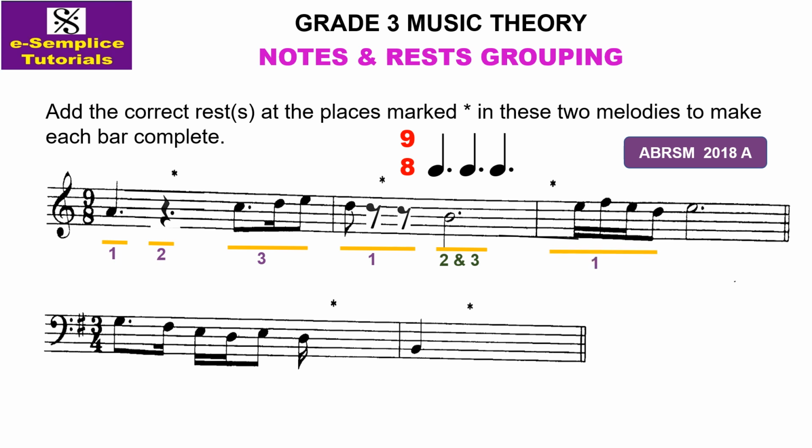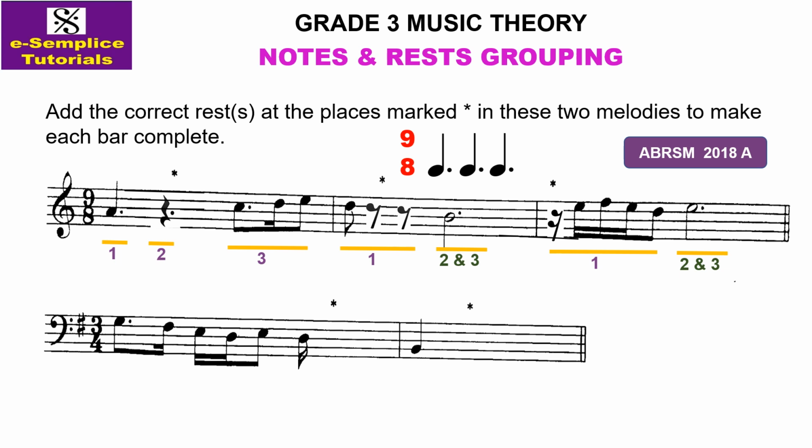That is beat 1, and it is not complete. The appropriate rest to use to complete beat 1 is a semiquaver rest. The total of that forms a dotted crotchet beat. Beats 2 and 3 are already here.